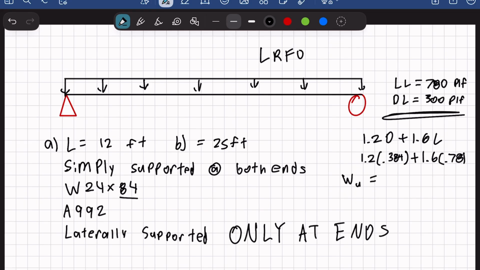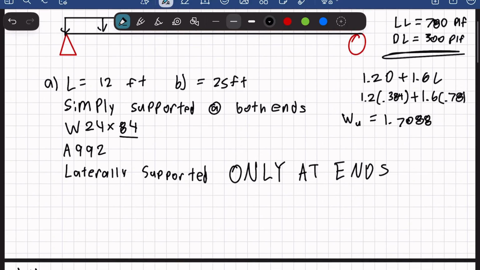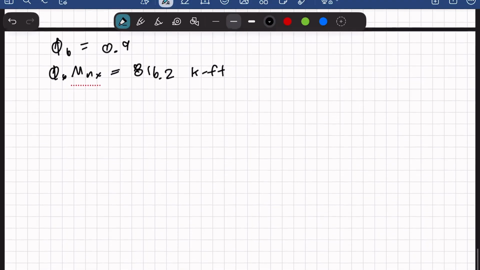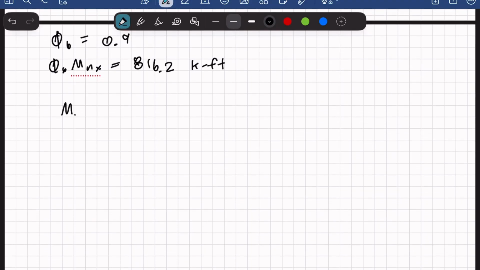That gives us 1.7088 kips per foot. And we know that for a beam with uniform distributed load, our Mmax is equal to WL squared over 8.